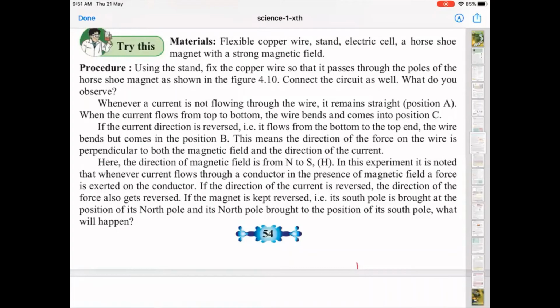If there is no magnetic field around the wire, then there will be no effect of the magnetic field of the horseshoe magnet on the wire. Please listen to and understand this sentence carefully. If there is no current flowing through the wire, then there will be no magnetic field around the wire.